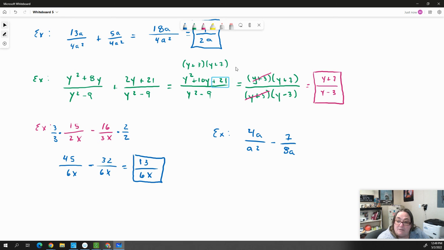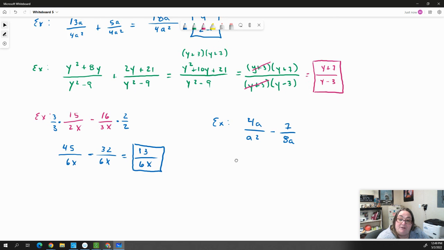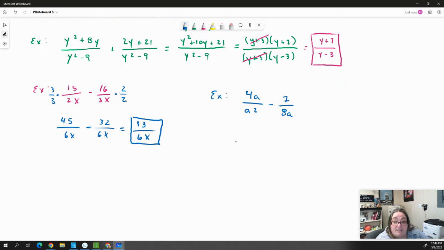When I look at this, it's going to be similar. Definitely don't have the same denominator, right? So I'm going to look at this a squared and ask, what does this one have that this one doesn't? This one's got 2 a's in it. That one only has 1. So this one's already ahead in terms of a, right? But this one doesn't have an 8 and this one does.